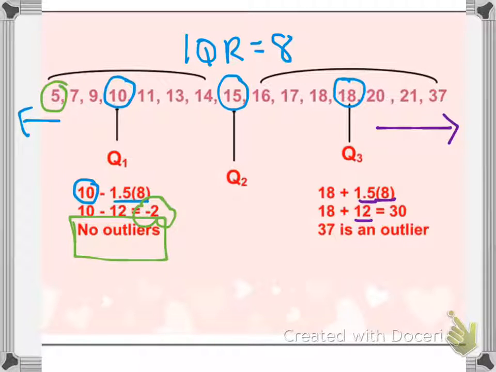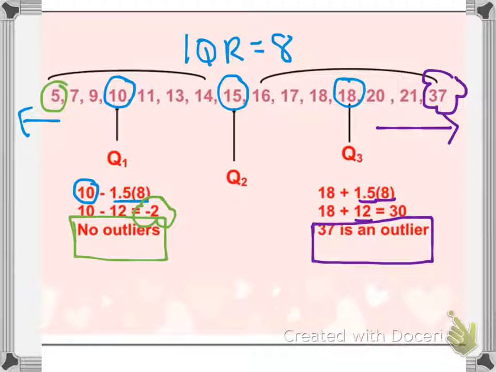So you add it to go to the right. So 18 plus 12 is 30. If you look at our data, we do have a number that is 30 or above. So that is an outlier. That makes 37 an outlier because it is more than 1.5 times the IQR above quartile 3.